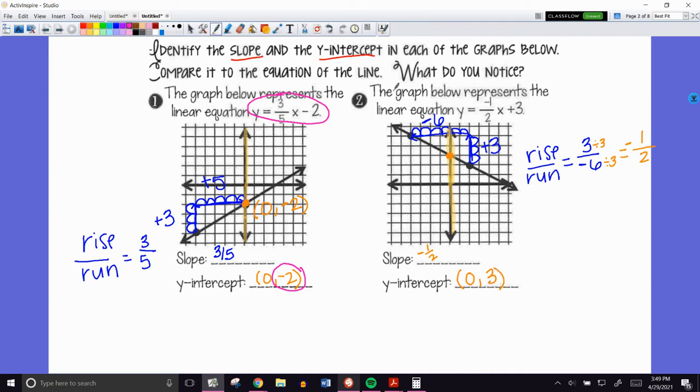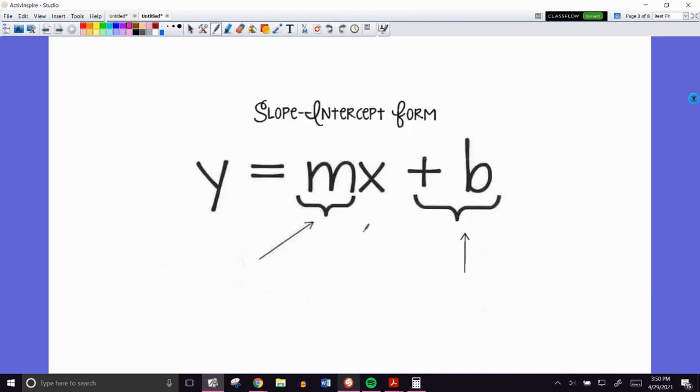So when I go to compare it to my equation, I can see that my slope comes attached to the x. It's being multiplied to the x. And my y-intercept comes after the x. All right, so that's what I do notice. In both equations, that's what happens.